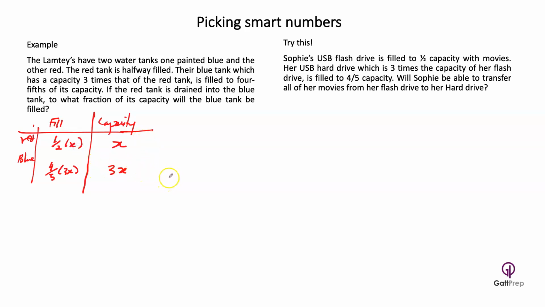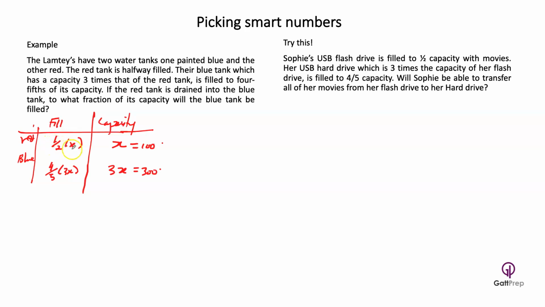If we pick 100, say the capacity of the red tank is 100, X is 100, we can easily say the capacity of the blue tank is 3 times 100, which is 300.